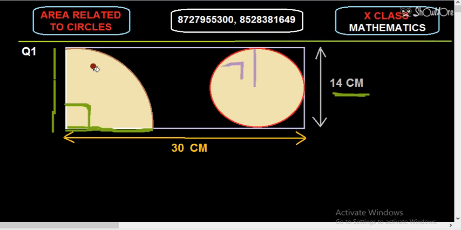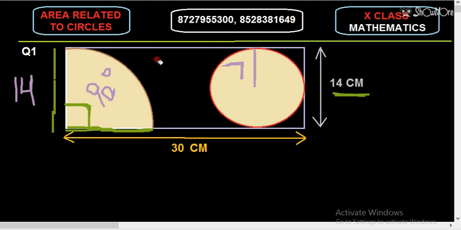So 7 will be the radius for this one, and 14 centimeter will be the radius for this sector. For this complete circle, the radius is 7. For this 90-degree sector, the radius is 14.